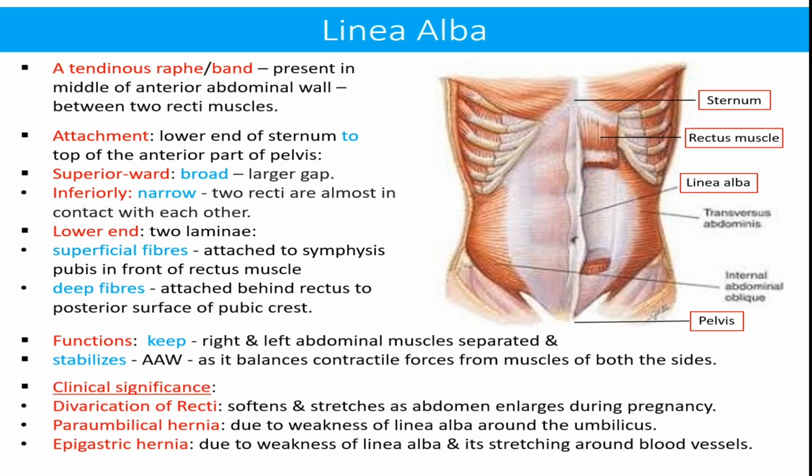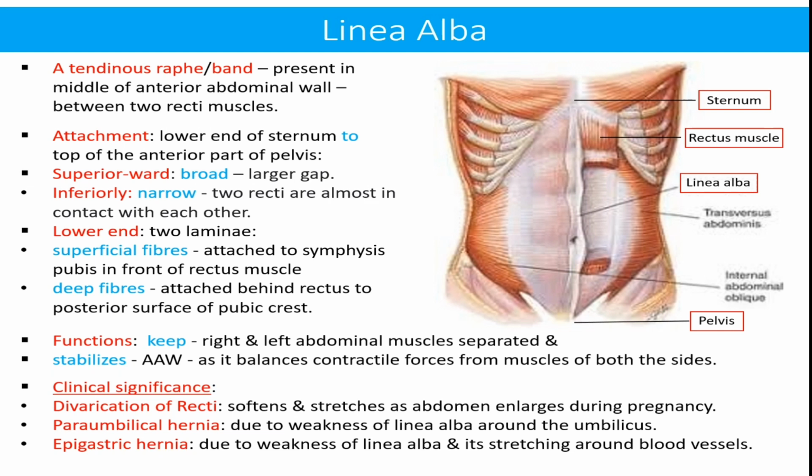As regards the clinical significance, first is divarication of recti, which is the emergence of a larger gap between the recti, especially in the lower part. It occurs because the linea alba softens and stretches as the abdomen enlarges during pregnancy.